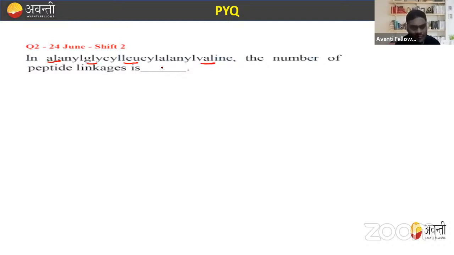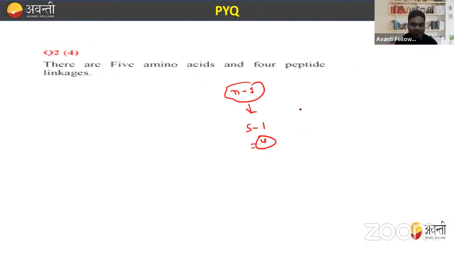So the total number is 1, 2, 3, 4, and 5. So the total number of amino acids here is 5. We know that the number of peptide linkages is always 5 minus 1, that is 5 minus 1 equal to 4. So the total number of peptide linkages here is 4.